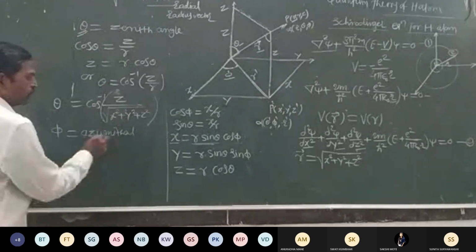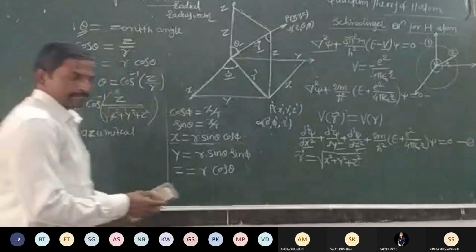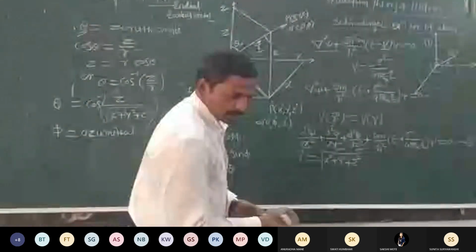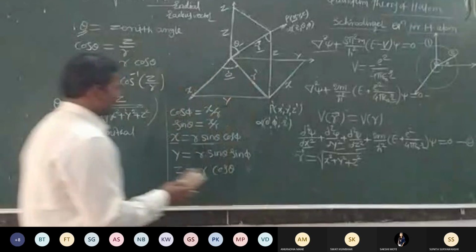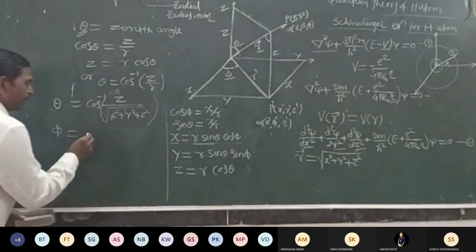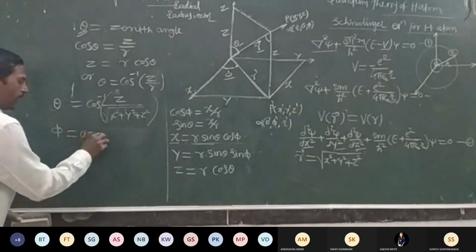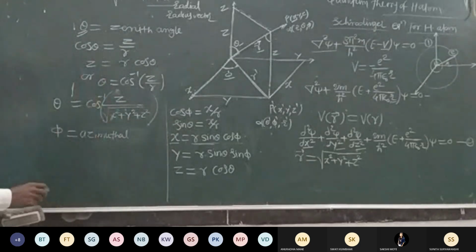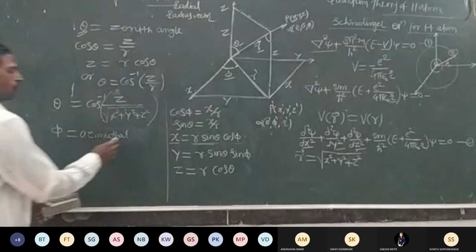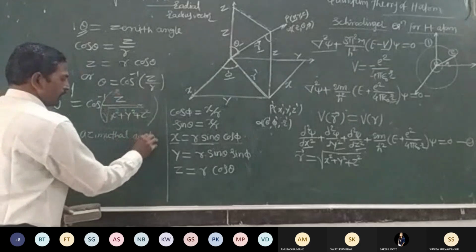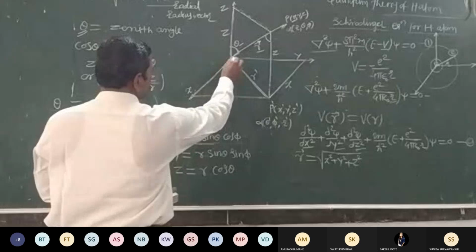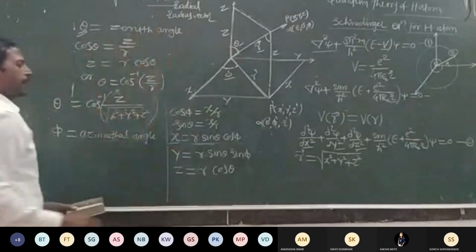Azimuthal angle एकच आहे. एक मिनिट, मला त्याची स्पेलिंग, projection in azimuthal angle, I think A-Z-I-M-U-T-H-A-L, azimuthal angle. This phi is called azimuthal angle. Phi is in between x and y.